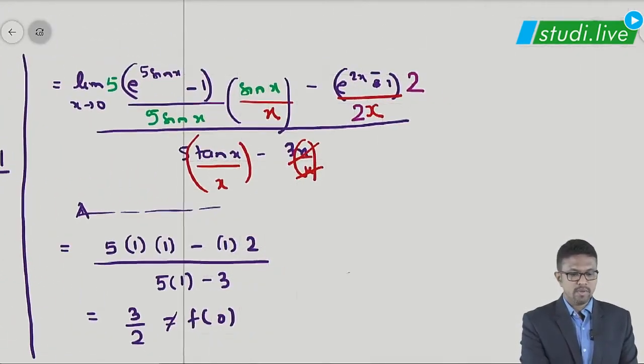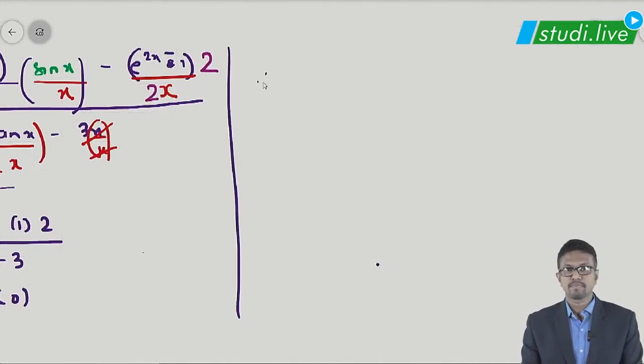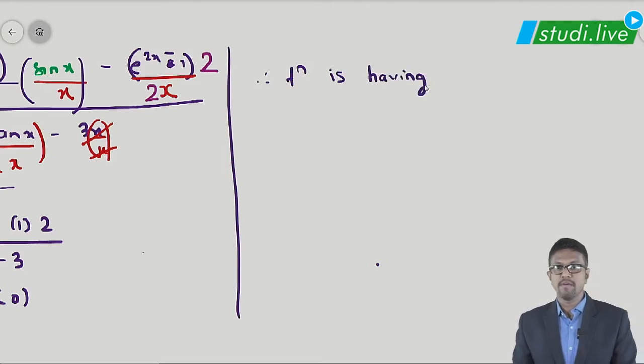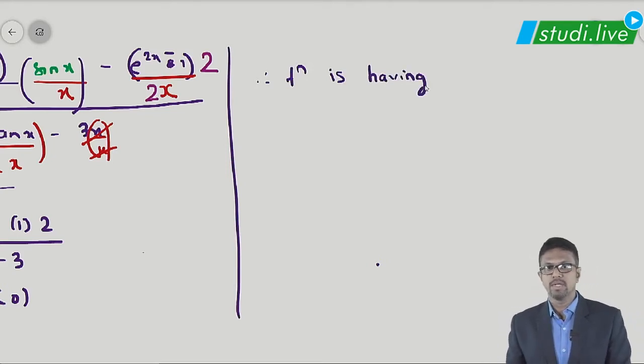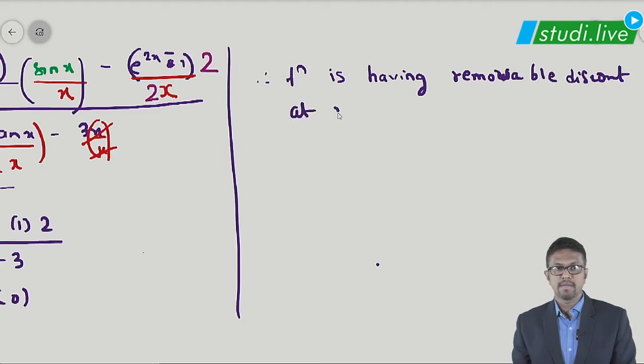So what can we say over here? Definitely the function is not continuous, right? So we can say therefore, like we already discussed, that this function will be having a removable discontinuity only. The function is having removable discontinuity at x equal to 0.